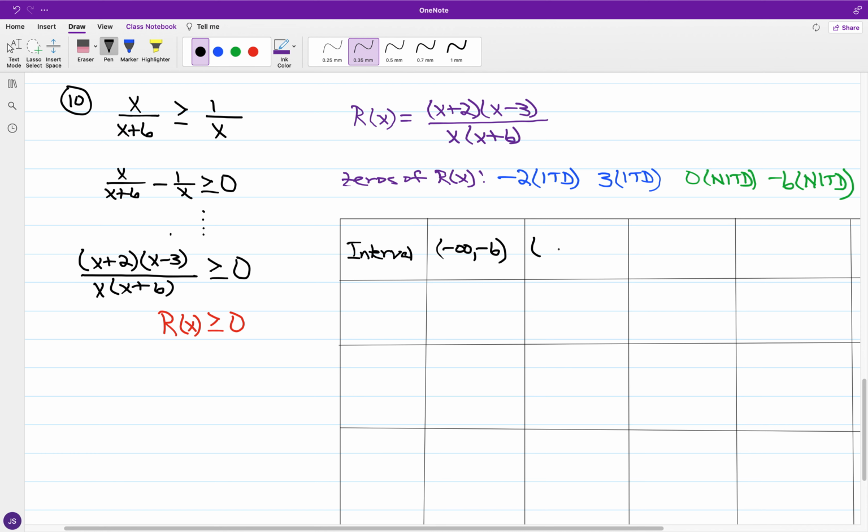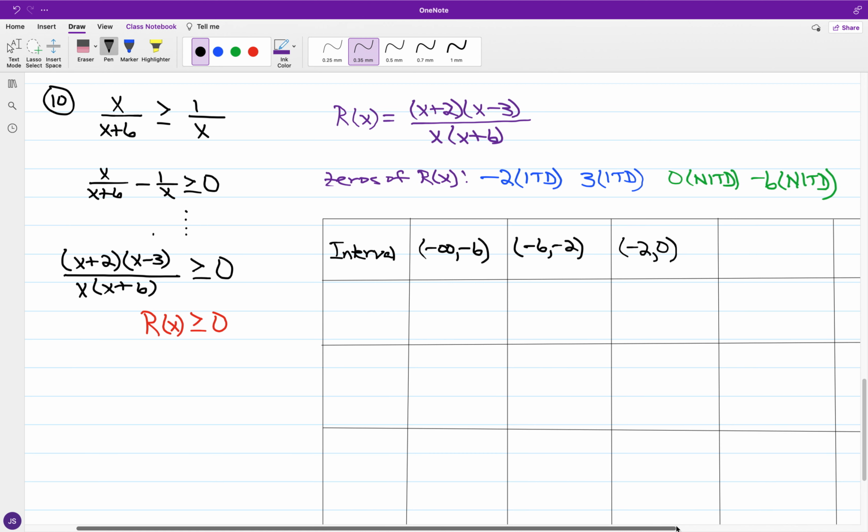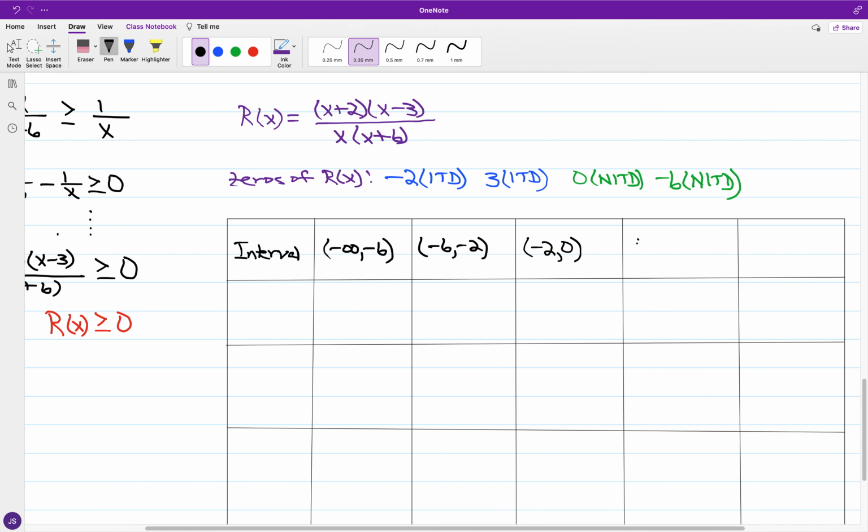Then we have between negative 6 and negative 2, then between negative 2 and 0, and then between 0 and 3. And 3 is the highest of the zeros, so the remaining interval is those values x greater than 3.